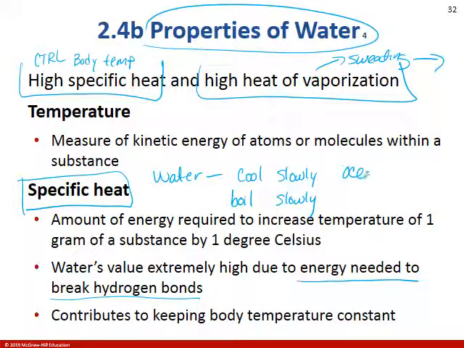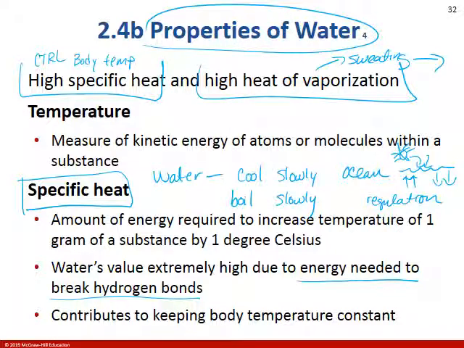I think the best example of this is if we talk about the oceans. So imagine you've got the sun, and the sun is shining down on the water, right? The water is going to heat up really slowly during the day, and then when the sun goes away and it's nighttime, the water is going to cool down really slowly. This allows for more regulation.